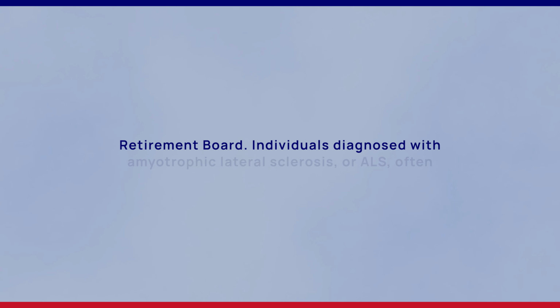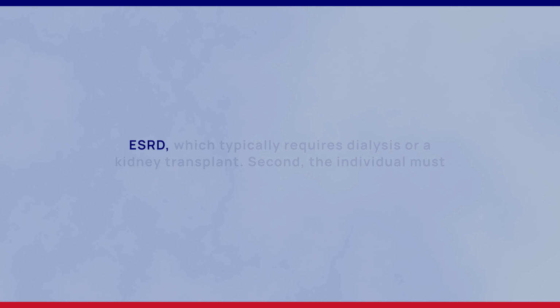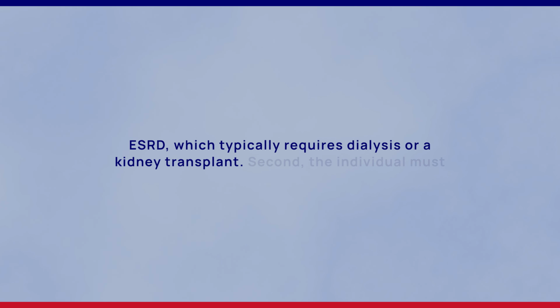Individuals diagnosed with amyotrophic lateral sclerosis, or ALS, often referred to as Lou Gehrig's disease. Individuals with end-stage renal disease, or ESRD, which typically requires dialysis or a kidney transplant.